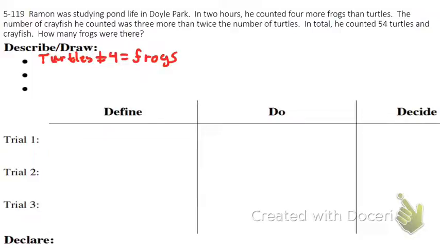The number of crayfish counted was 3 more than twice the number of turtles. All right, so that's kind of a tricky one to write out. So crayfish is going to be 3 more than twice the number of turtles.